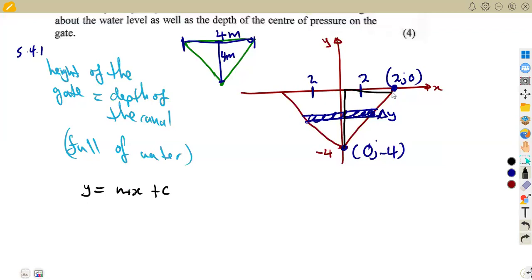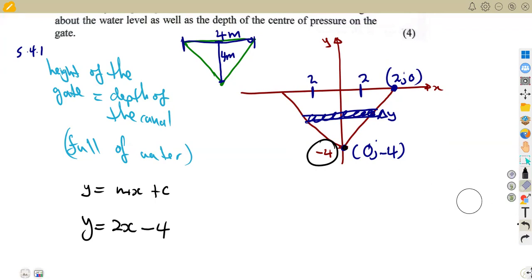X, I'm going to the right, it's a positive. So it's positive 4, positive 2. I'm going up, that's a positive. I'm going to the right, that's a positive. So it's 4 over 2. That's I've got a gradient of 2. So y is equal to 2x. C represents the y-intercept. The y-intercept is at this point at -4. So I'm simply substituting -4. I'm done.